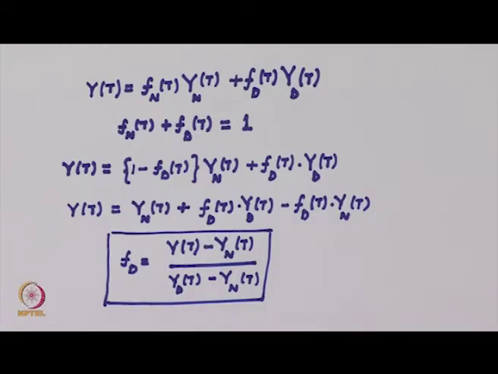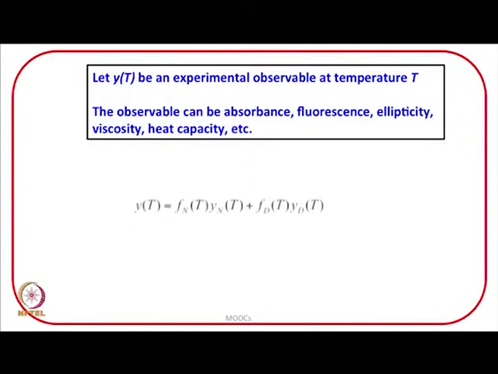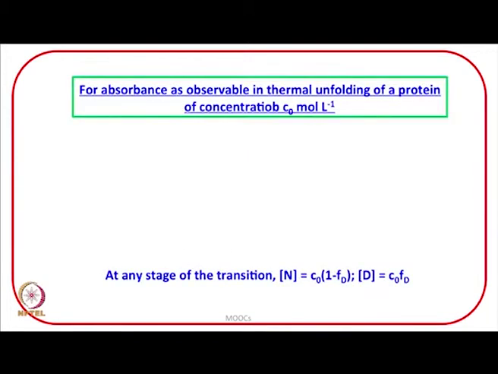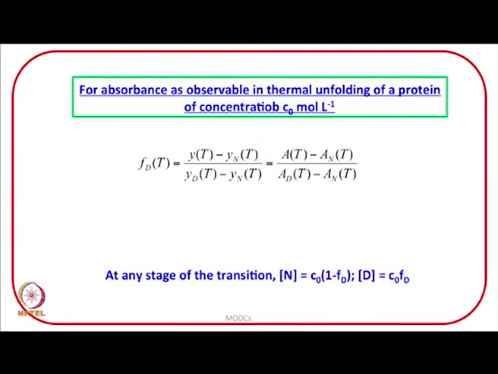Now let us go to the slides. What we discussed is that we can express the observable property at any temperature, and by suitable rearrangements we can get this expression. Fd is equal to Y at T minus Yn at T over Yd at temperature T minus Yn at temperature T. And as we discussed earlier, this Y can be absorbance, fluorescence, ellipticity, or any observable property.